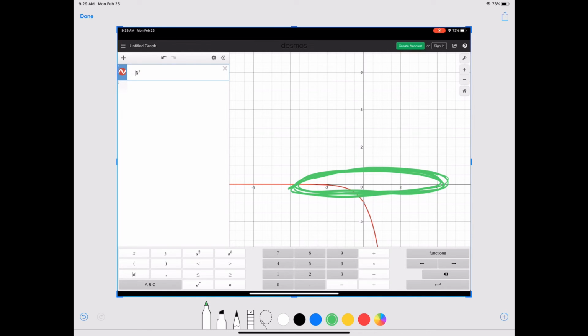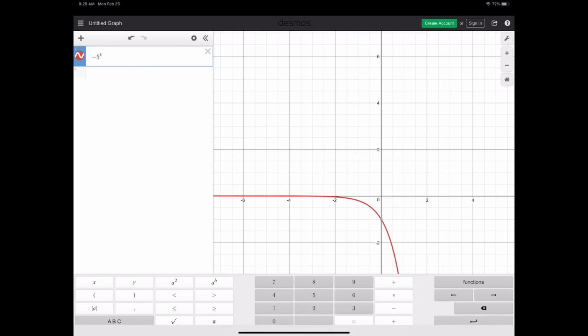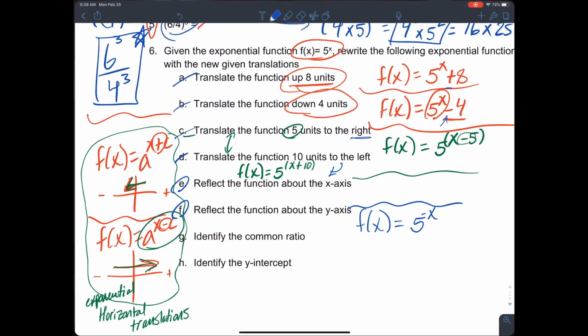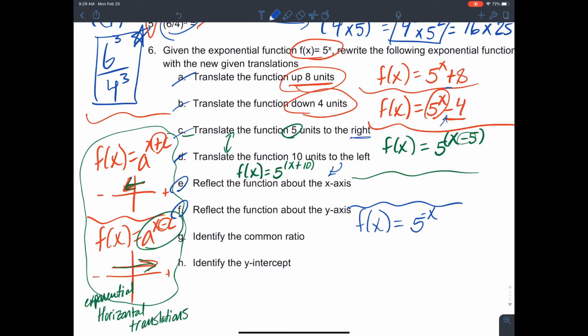That's what it's doing, it's being flipped like a mirror. Okay? So we know that we can take our base function again. F of x equals negative 5 to the x power.